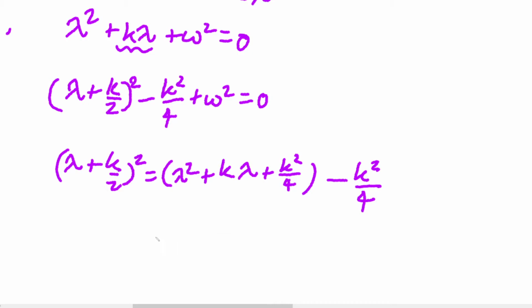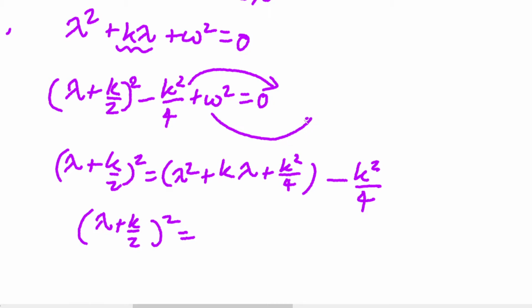To get this, lambda plus k over 2 squared equals, adding k squared over 4 to both sides and subtracting omega squared from both sides, k squared over 4 minus omega squared.